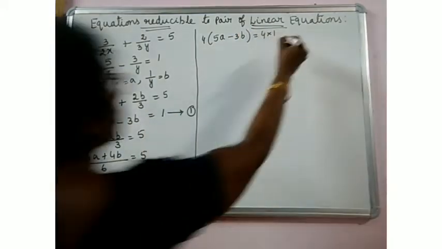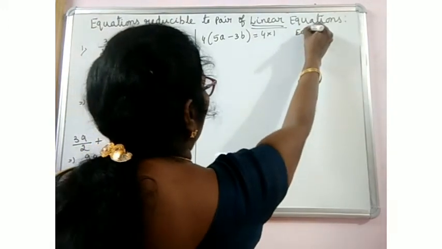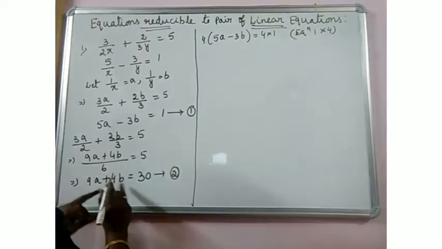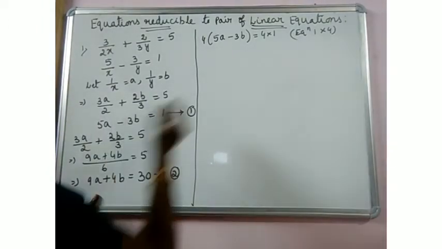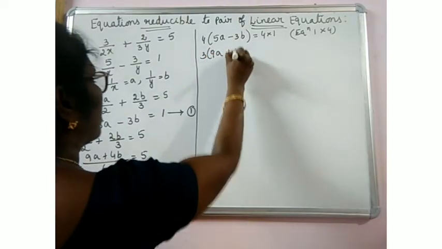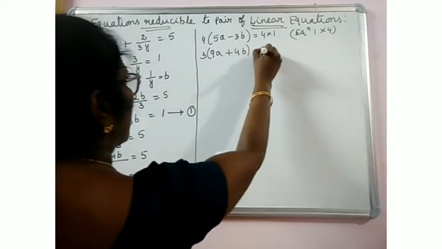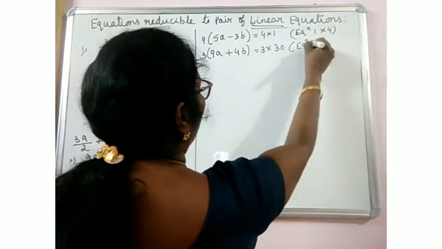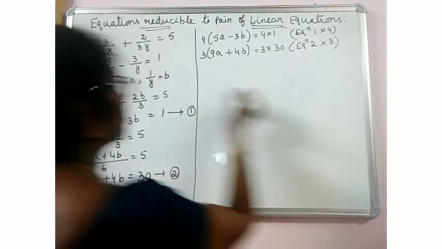And equation 2 I will multiply by 3: 3 into 9a plus 4b is equal to 3 into 30.